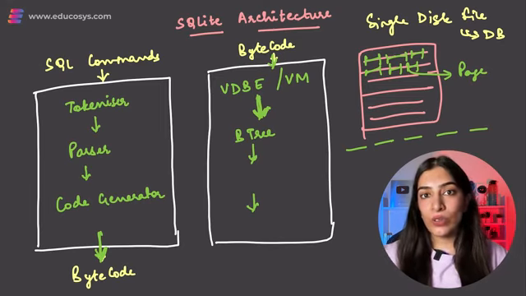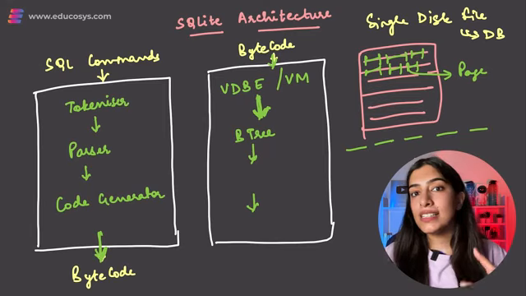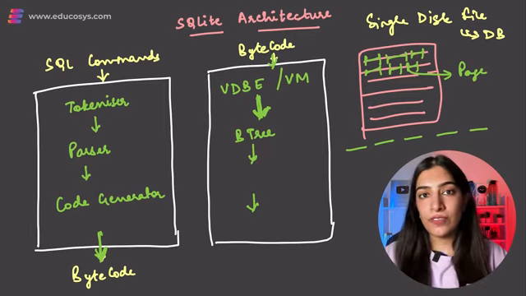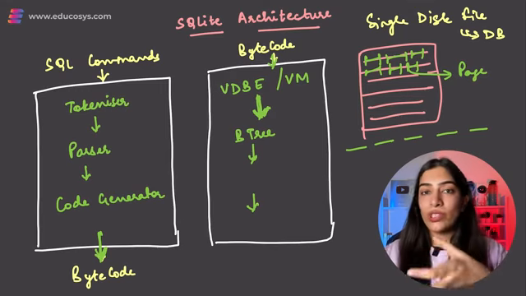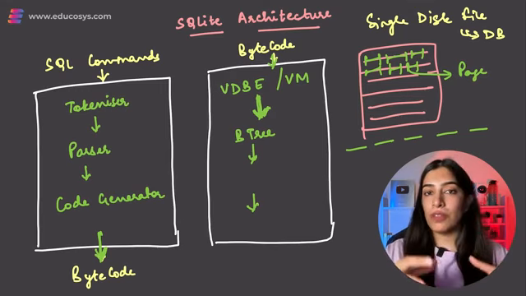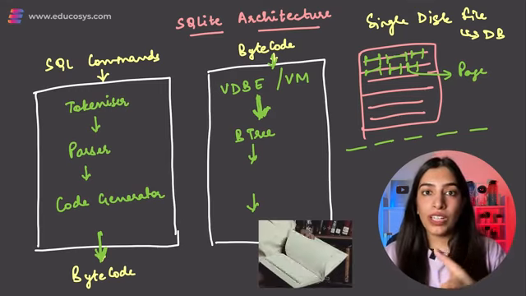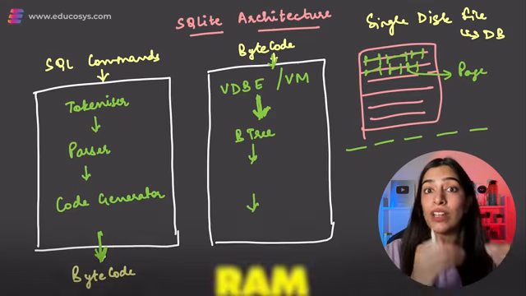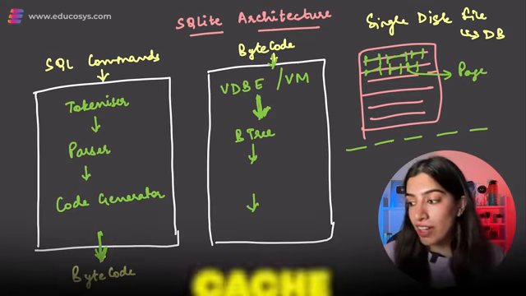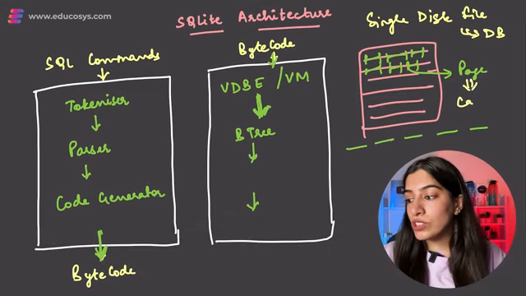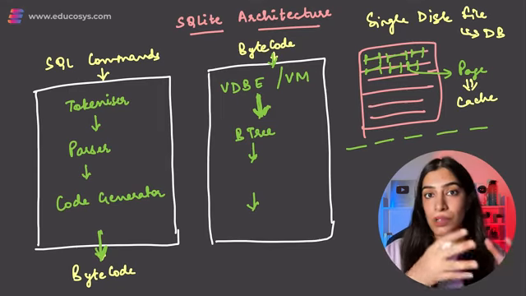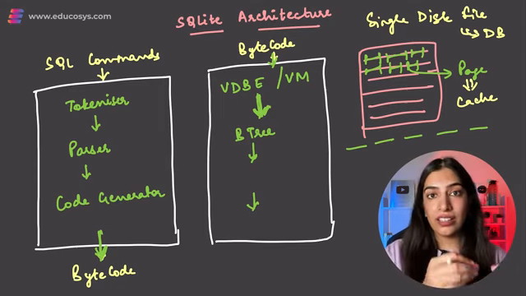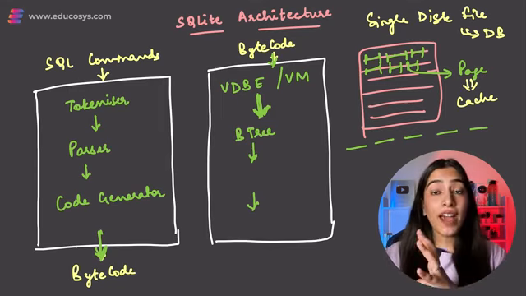Whenever you have to process something, whenever you have to make changes to the file, you're going to take out a few pages of it, maybe 1 page or 2 pages, and put them into memory, like into RAM, or you can say into cache. So you're going to take those pages that need to be processed and put them into cache, correct? Because your DB file is on disk.